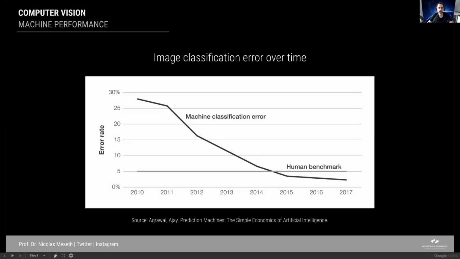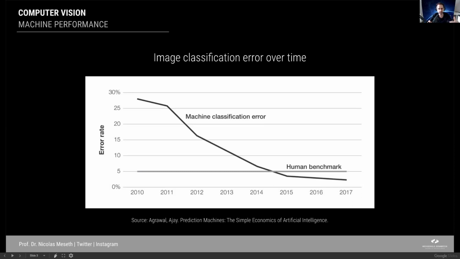They have a competition, and whoever has the best accuracy, so the smallest error rate, wins the competition. This is the chart for every year of the error rates that the winning algorithm has achieved.